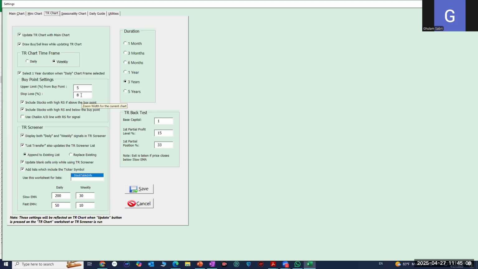And then you can probably increase your stop loss. You can also increase your buy point range, it gives you a signal if it is within 5%. You can increase your base capital to see how it works, $100,000 instead of just $1. But it's just an example, we're testing with $1 only. And then we can also move your partial profit and partial position.